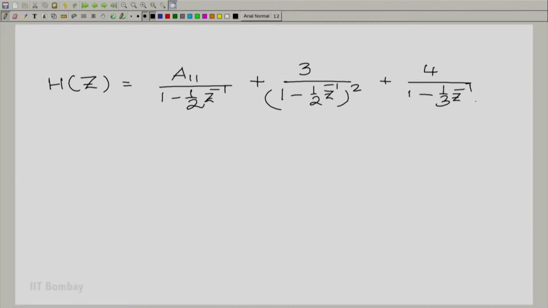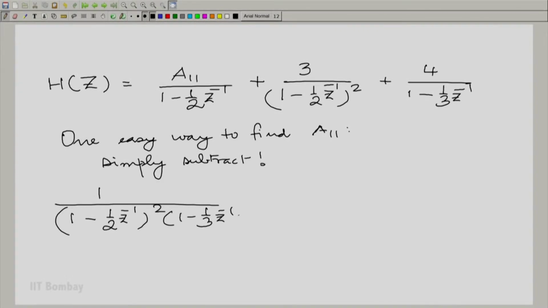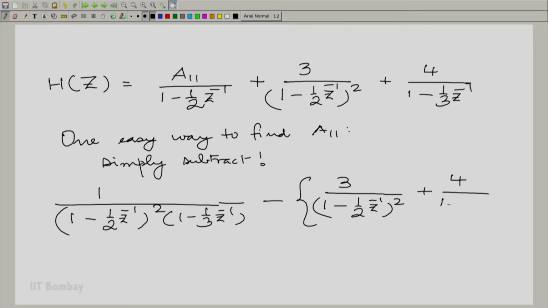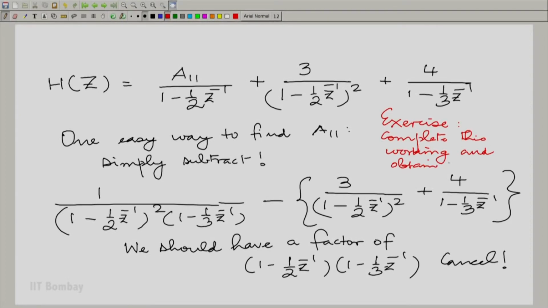Now, one easy way to find A11 here is to simply subtract. So, you can do a subtraction: 1 by (1 minus half Z inverse) squared into (1 minus 1/3 Z inverse), minus these two terms. The exercise which I am going to give you is to complete this working.